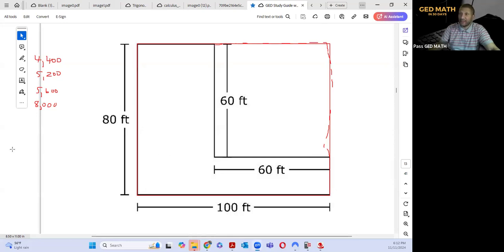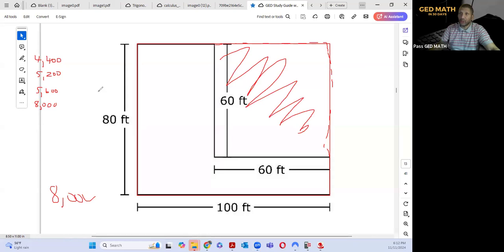That's 8 times 1 is 8, and then we got 3 zeros. So I know it would be 8,000, right? But I don't have this piece here. So automatically you know it can't be 8,000. It has to be smaller.